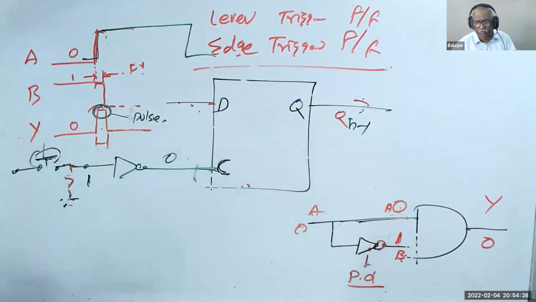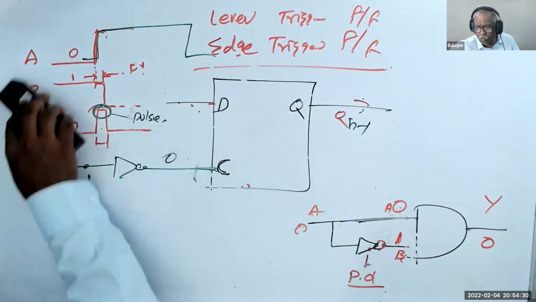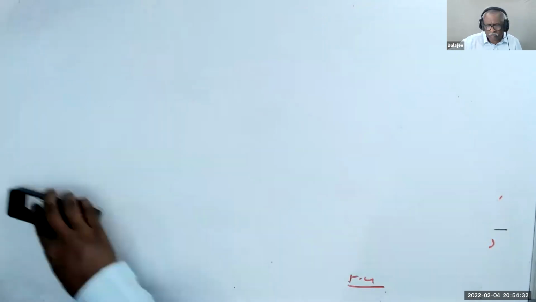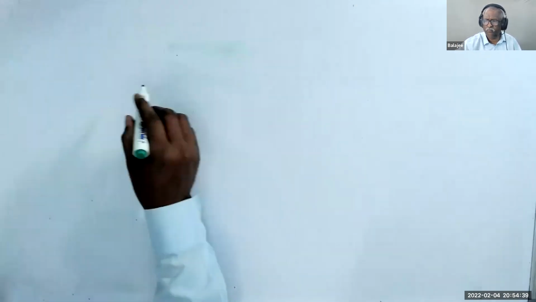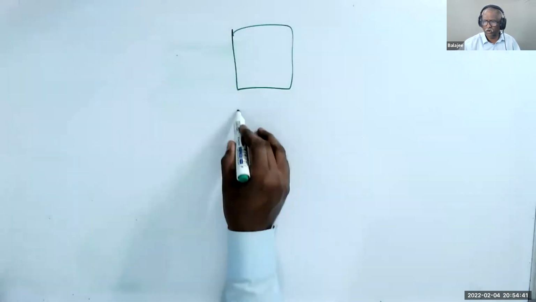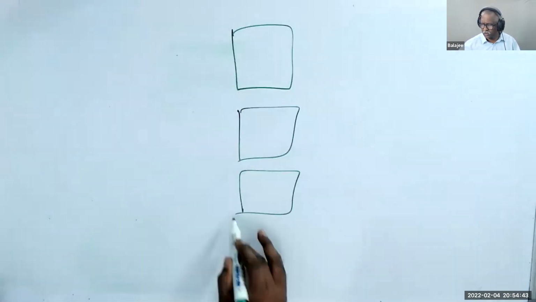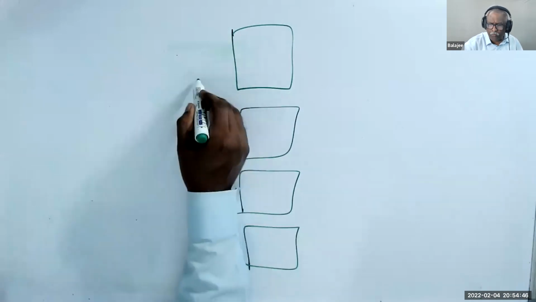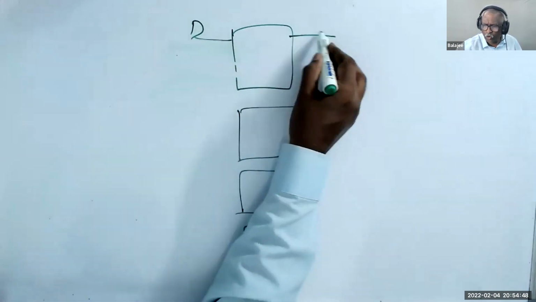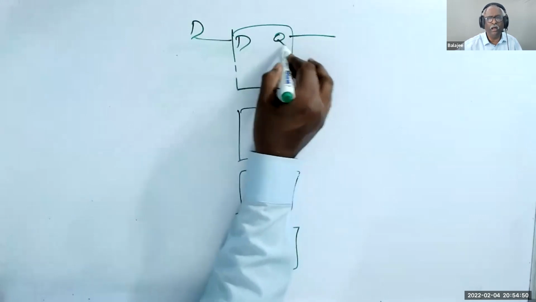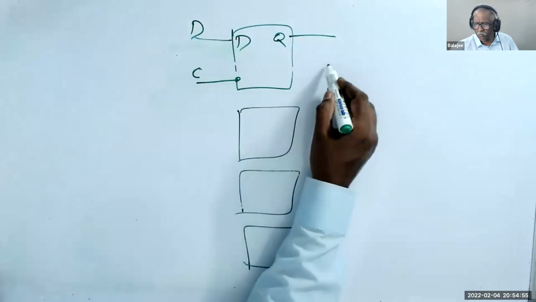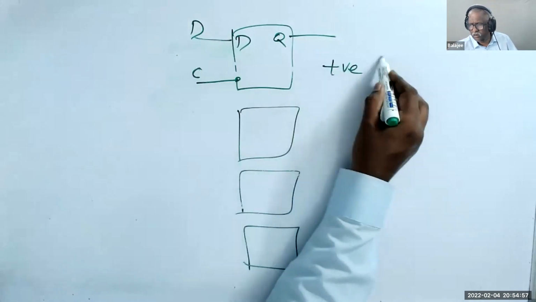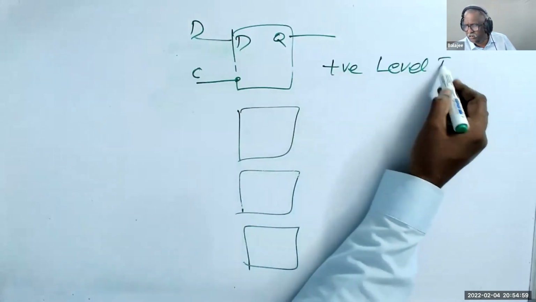So there are 4 possibilities in the flip-flop. Understand, there are 4 possibilities. We draw 4 like this: 1, 2, 3, 4. If I put D, Q, and if I put C, this is called positive level triggered.